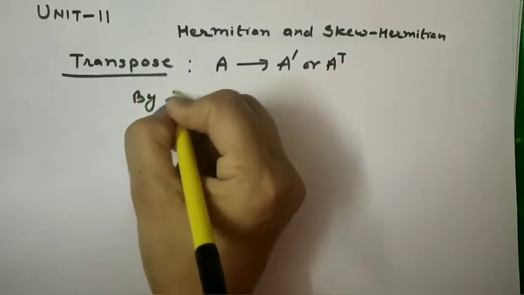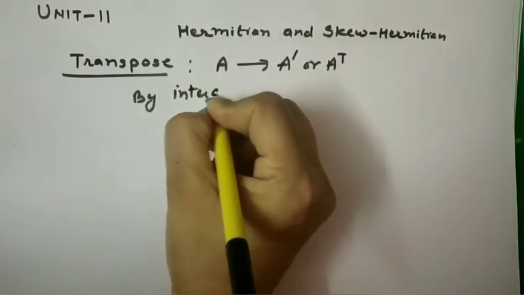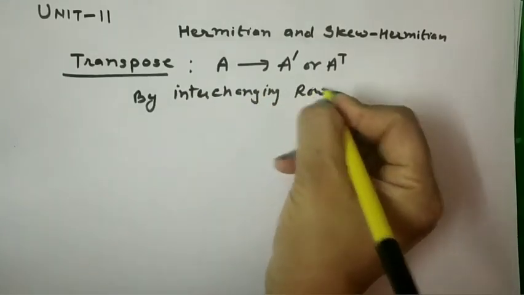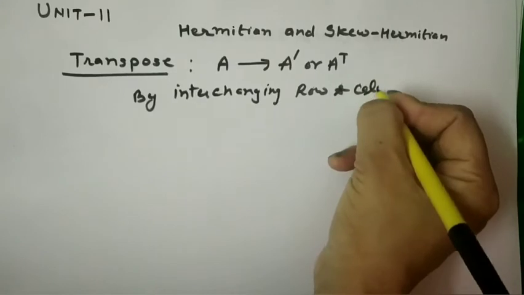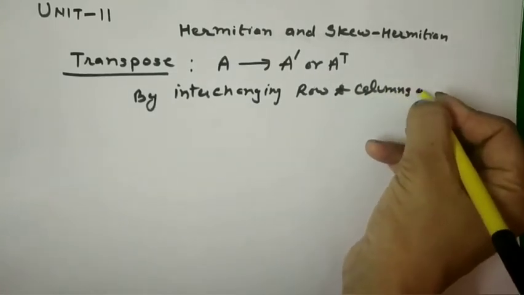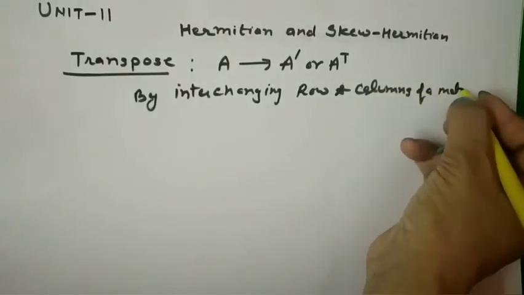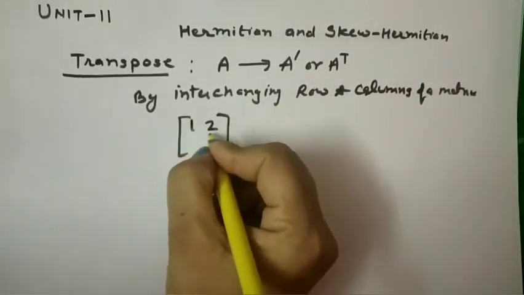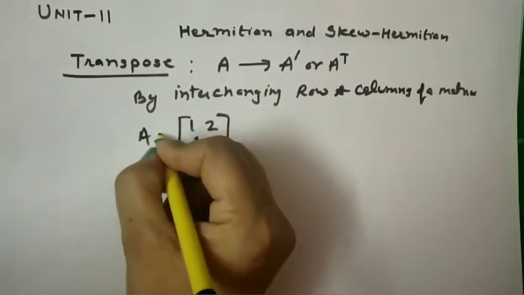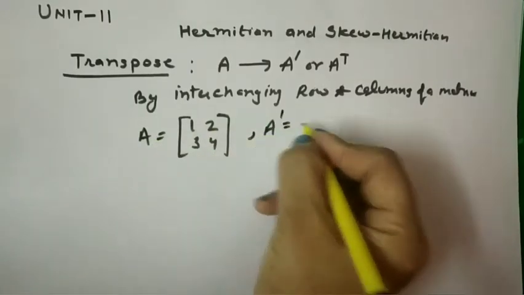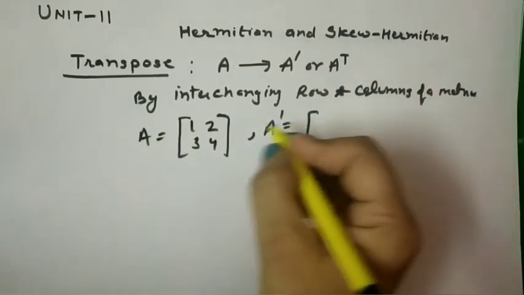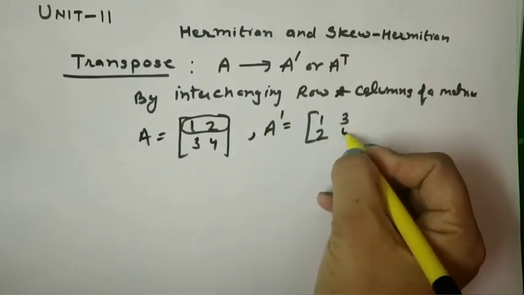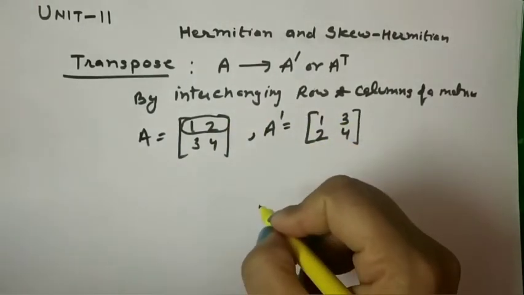By interchanging rows and columns of a matrix. Like if you have a matrix A, then A transpose will be, you have to write the rows in the form of columns. So this will be A transpose.